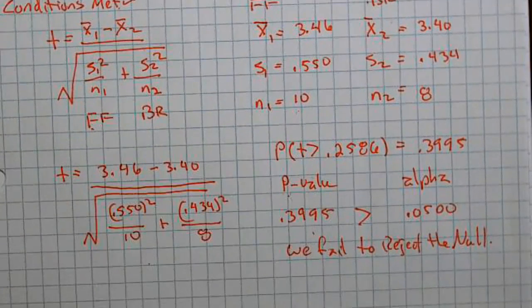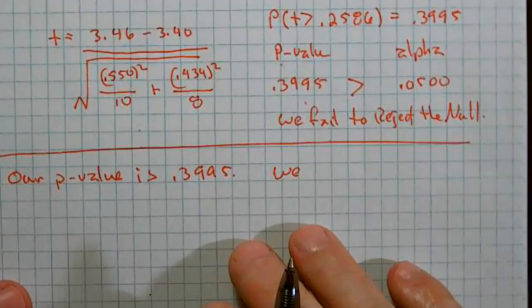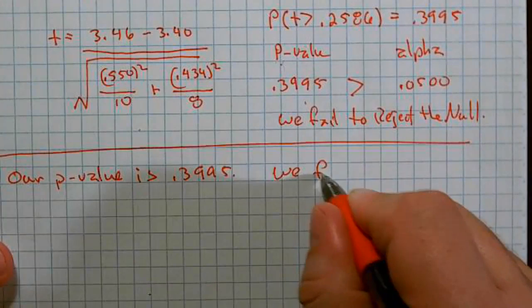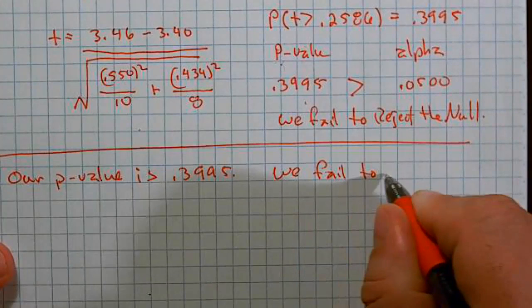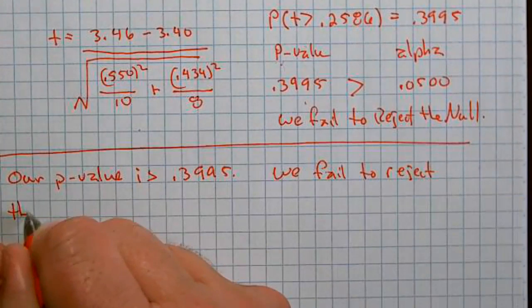So now we need to write our conclusion. Our p-value is 0.3995. We fail to reject the null.